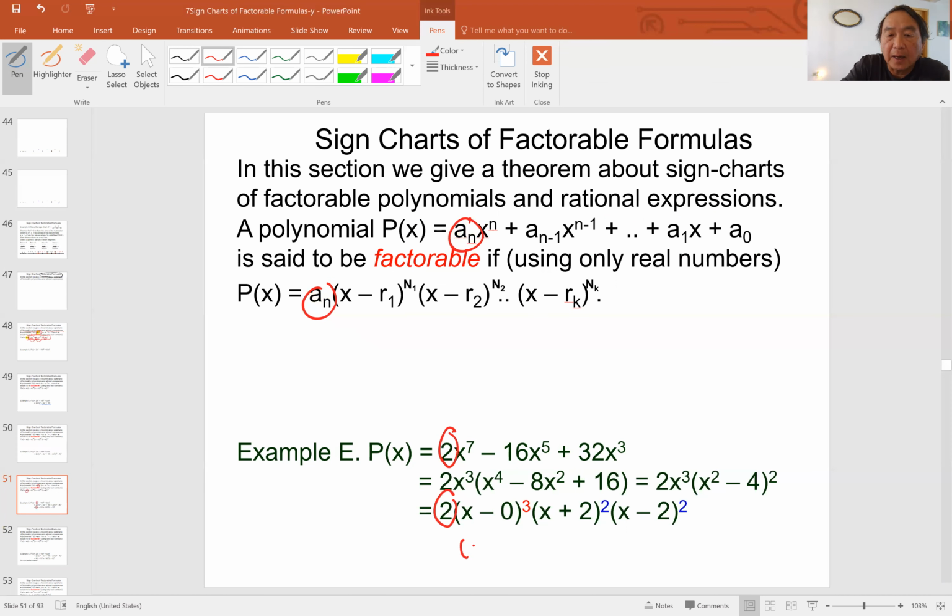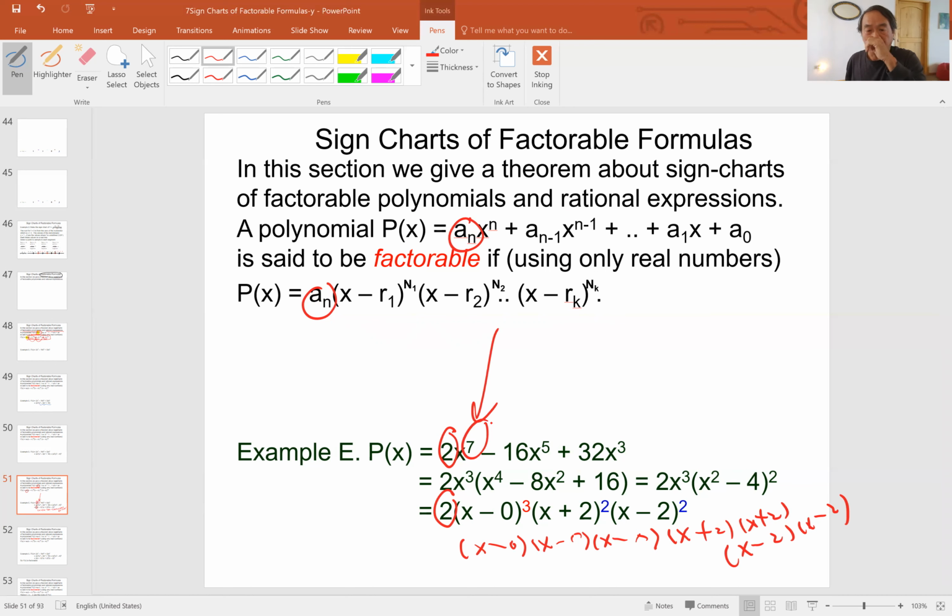What I actually have is x minus 0 three times, x plus 2 twice, and x minus 2 twice. It's 7 powers, x to the 7th power. Therefore, there are 7 parentheses.